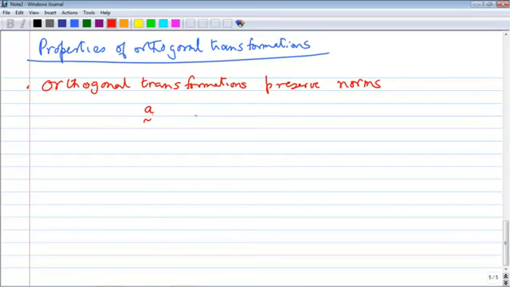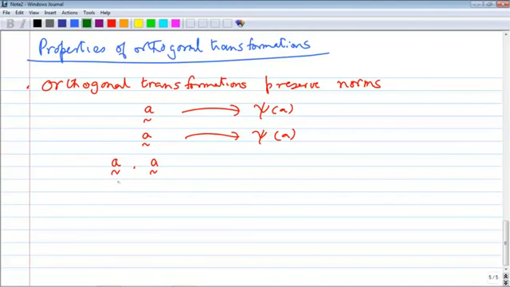If I have A, that gets transformed to psi of A. Let's consider now again the point A, and that gets transformed to psi of A. Now consider the dot product before the transformation. That is going to be A dot A. So this is before. And now let's consider the dot product after the transformation. Psi of A dot psi of A. And this is the dot product after the transformation.